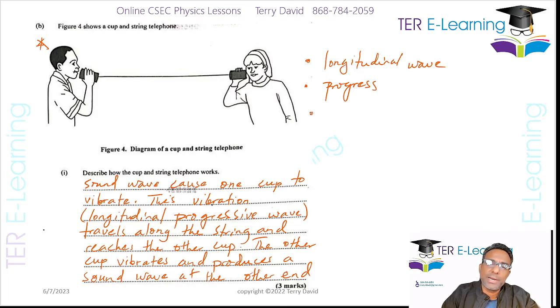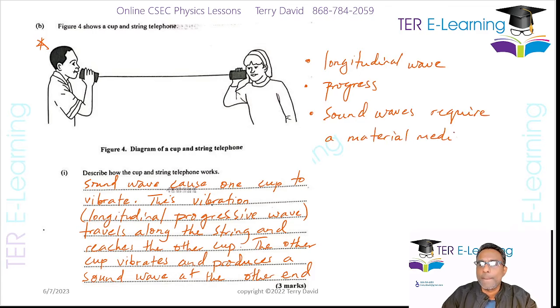And another key point that you could probably mention here is that sound waves require a material medium to be transmitted. So that's part B.